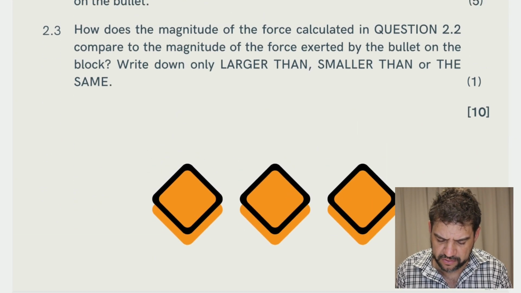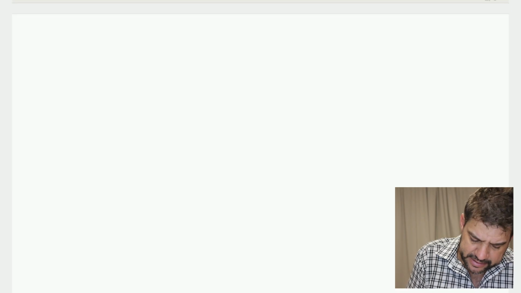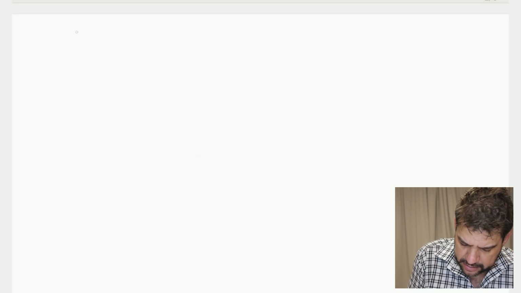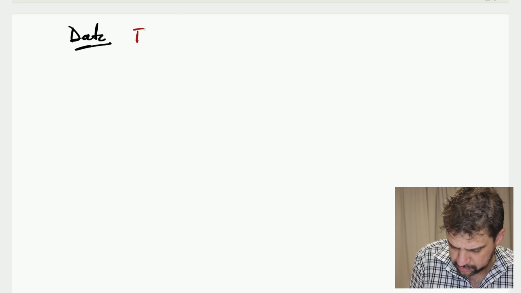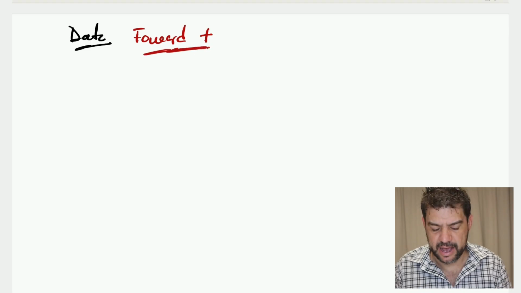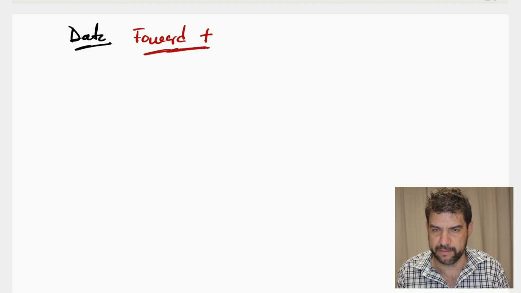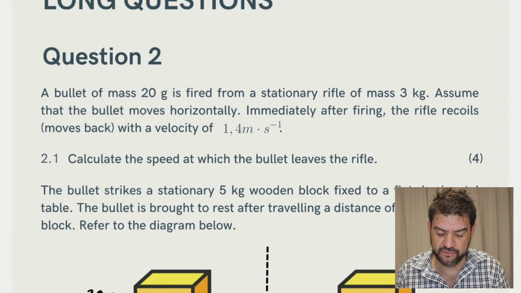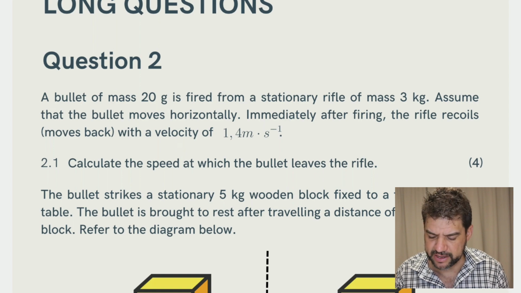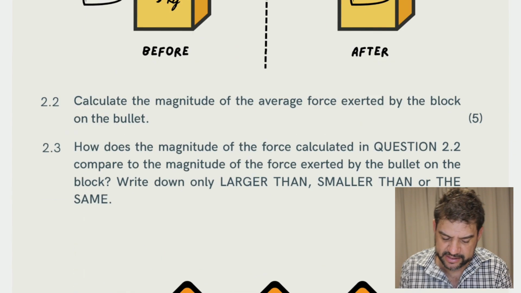But before we solve the question, let's write the data. This is important data. For us, we're going to take forward as positive. This is entirely up to you. You can write forward as positive or backward as positive. Let's see the data. We have that the mass of the bullet is 20 grams and the mass of the rifle is 3 kilograms.